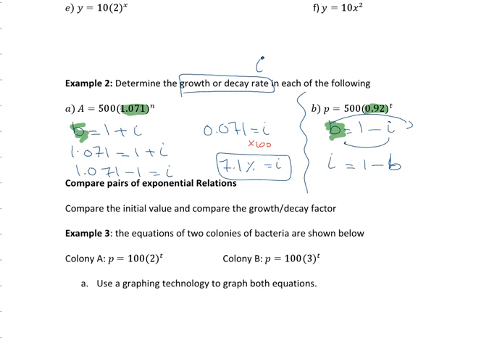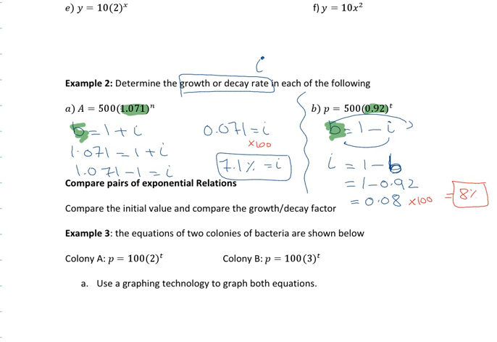Because I don't want the I to be a minus I, which is negative I. So it will be 1 minus 0.92, which is equal to 0.08, which is 8%. Does it make sense now to you?